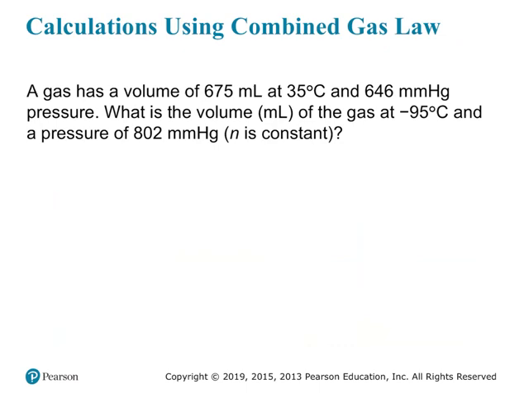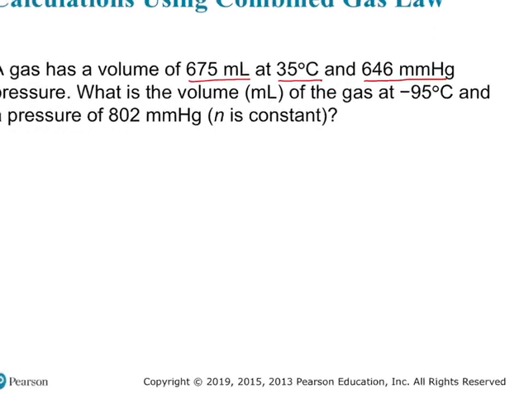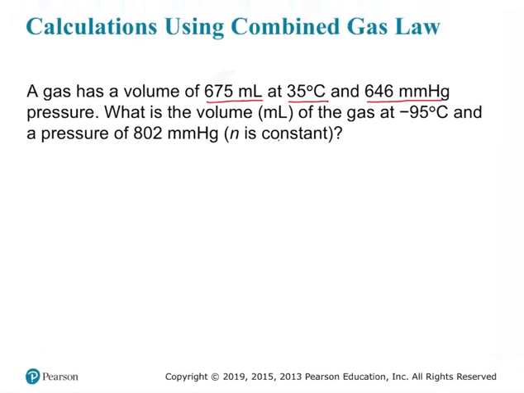So let's say a gas has a volume of 675 milliliters at 35 degrees Celsius and 646 millimeters of mercury. What is the volume in milliliters at negative 95 degrees Celsius and a pressure of 802 millimeters of mercury?